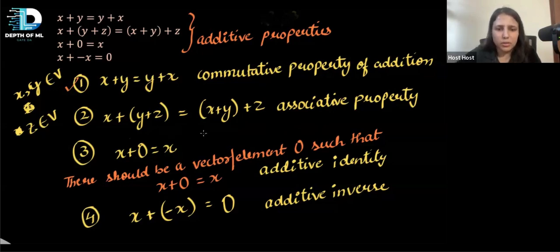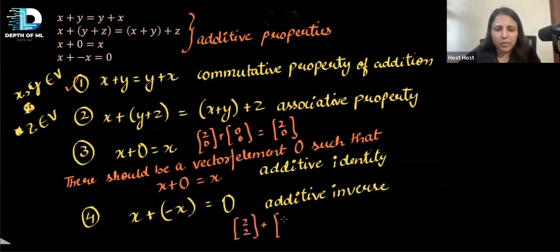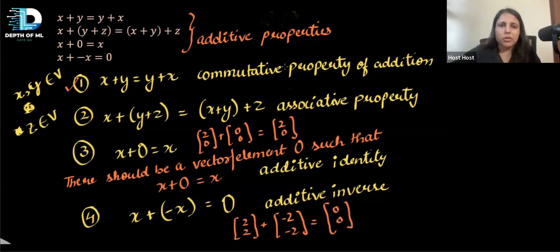For example, if I take 2, 0 and add 0, 0, it gives me back 2, 0. Similarly, when I have a vector 2, 2 and I add its negative, -2, -2, I always get the 0 vector. So these properties are satisfied in standard vector spaces R, R2, R3, and Rn.